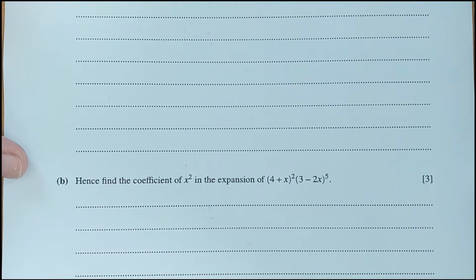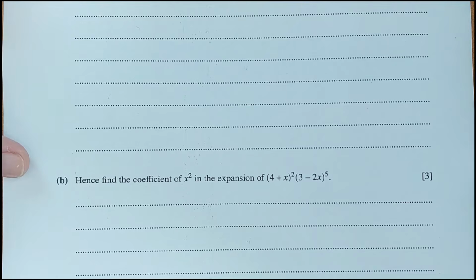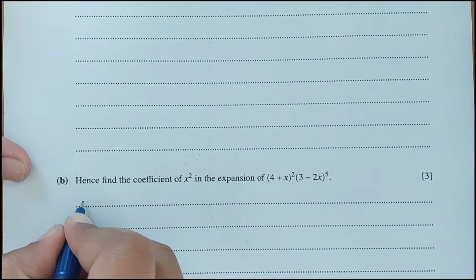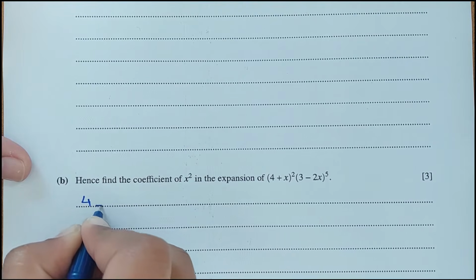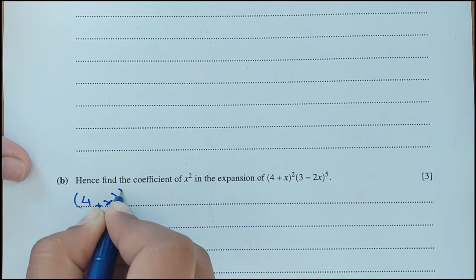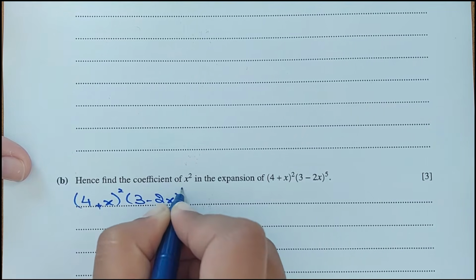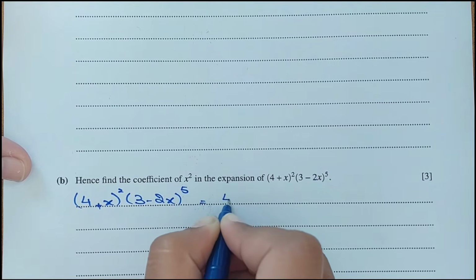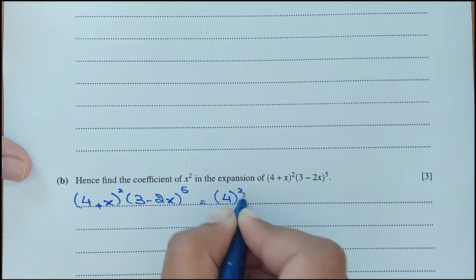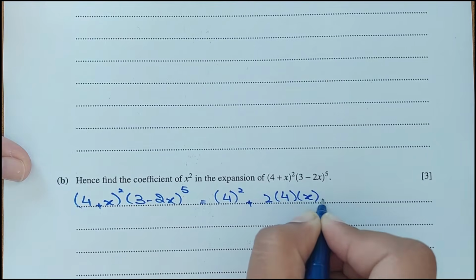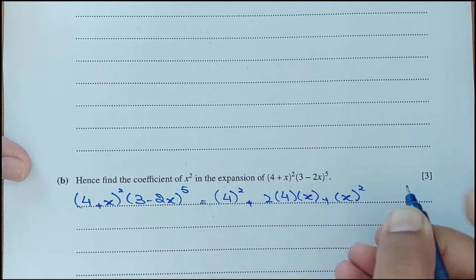Now moving to part B, hence find the coefficient of x square in the expansion of this, right? So let me expand this term. So 4 plus x whole square and its product with 3 minus 2x power 5, right? So we have 4 square plus 2ab plus x square.